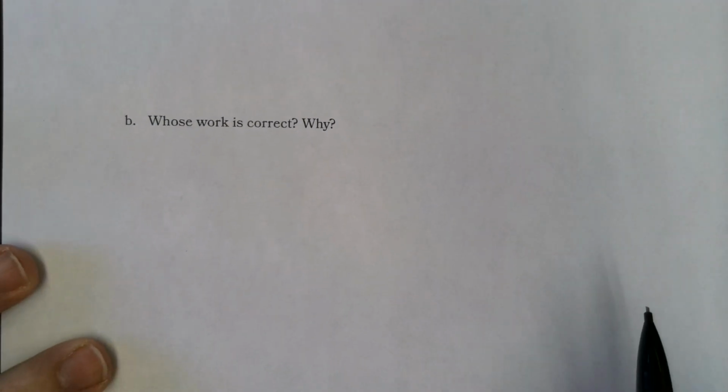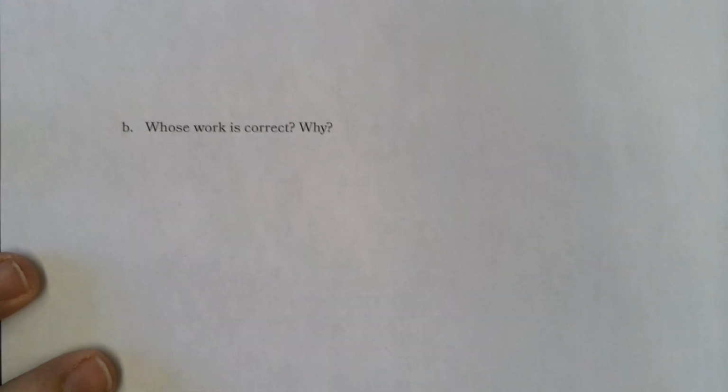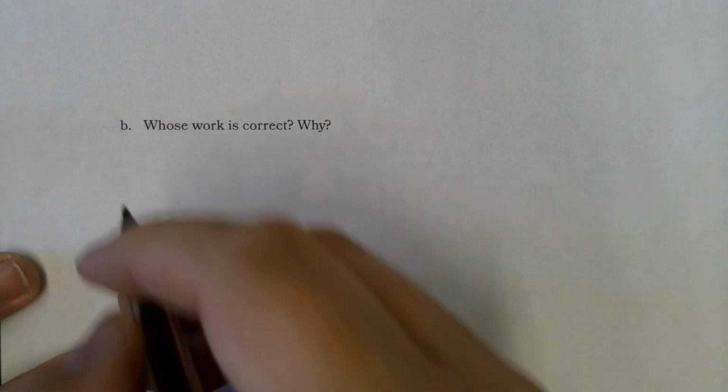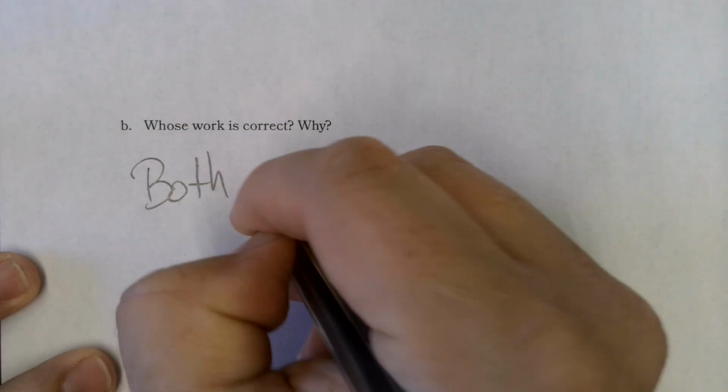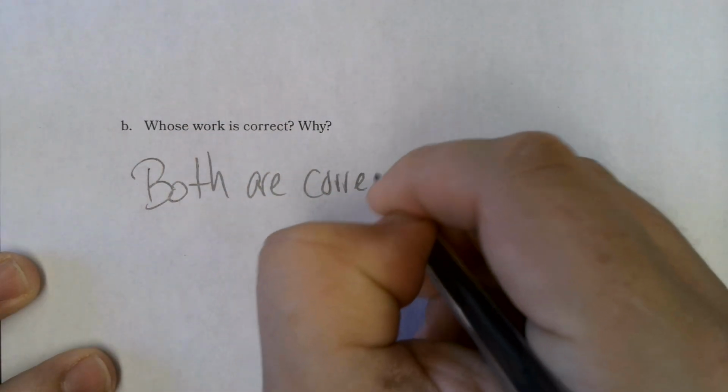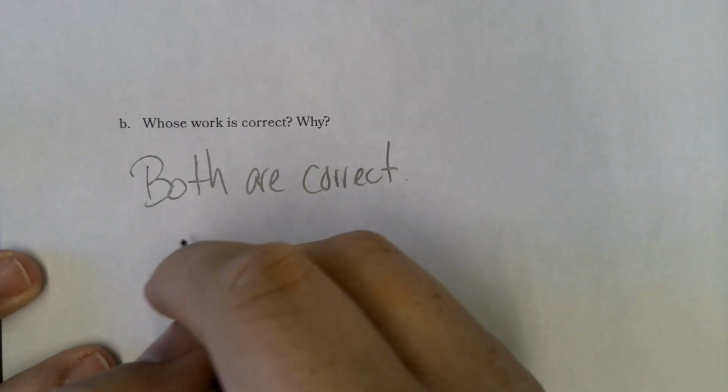And part B says whose work is correct? Well, we just talked about it, they did the same thing. They just showed it a different way. Both are correct. Why?